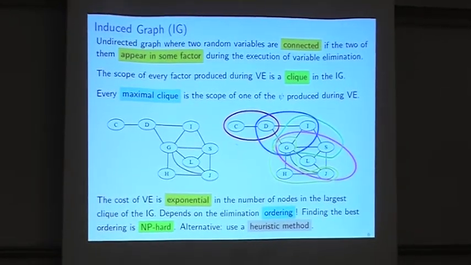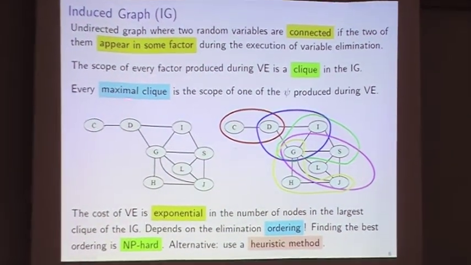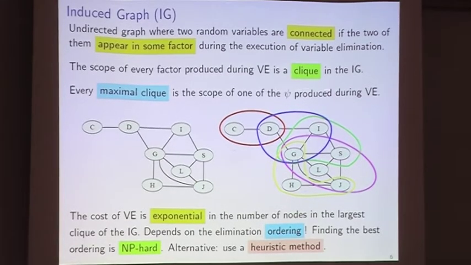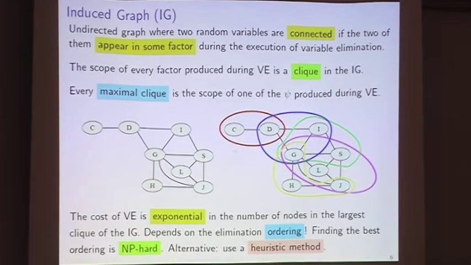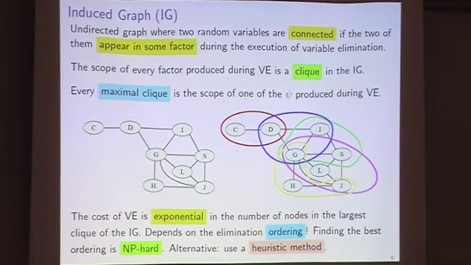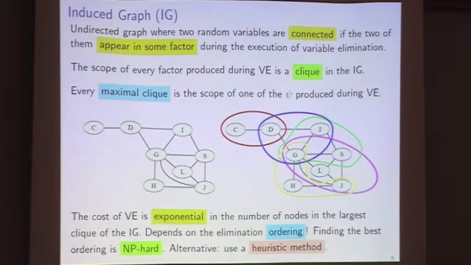A clique is a set of fully connected nodes, and every maximal clique is going to be the scope of one of these factors, psi, produced during the execution of variable elimination. So these factors, psi, are the largest factors produced during the execution of variable elimination, and they will correspond to a maximal clique in the induced graph.